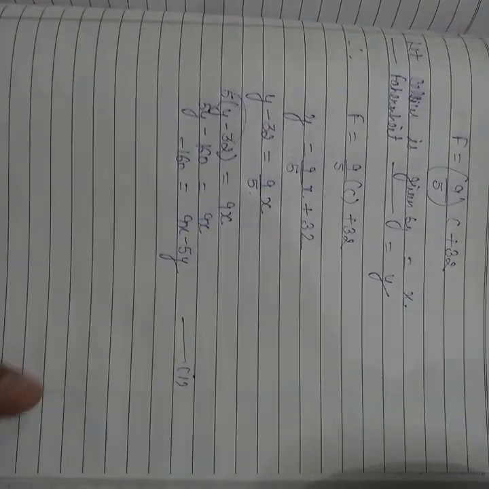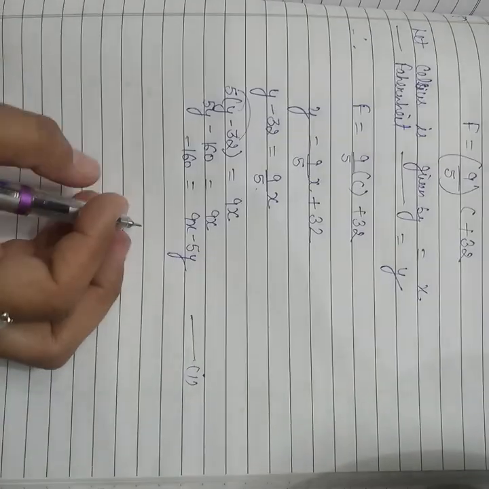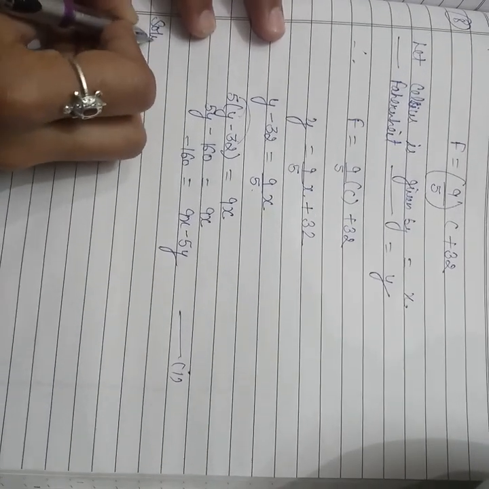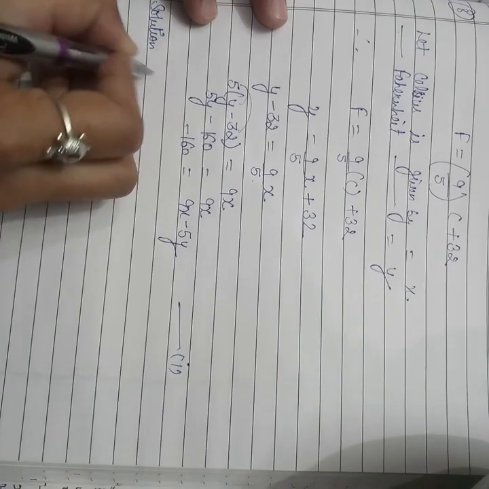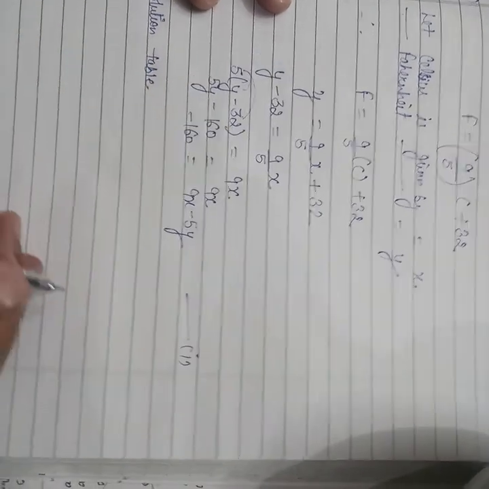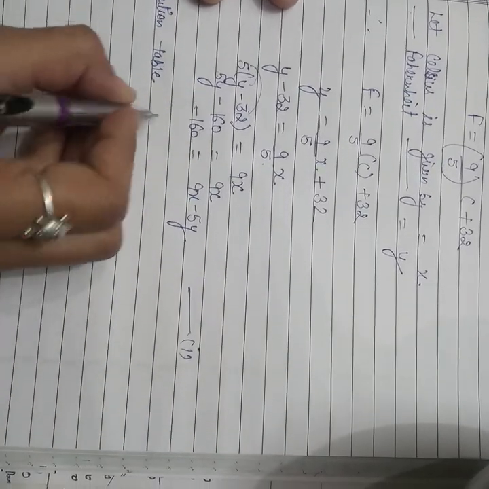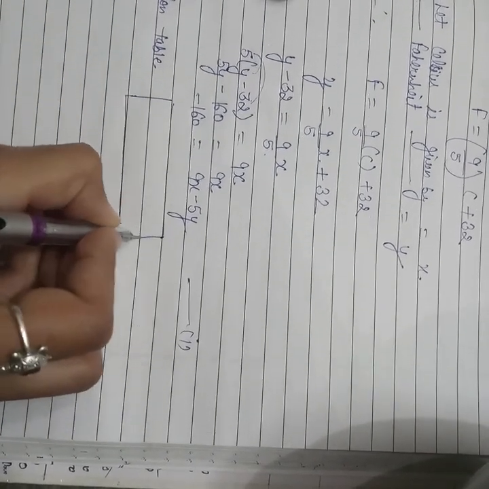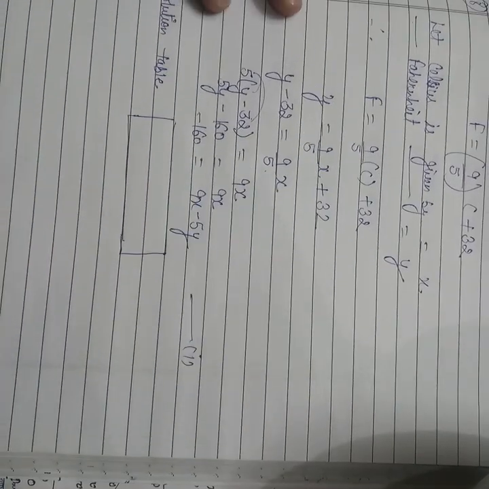Now we have to draw the graph. For this first we make a solution table of this equation. For the solution table we use different values of x and find the different values of y.